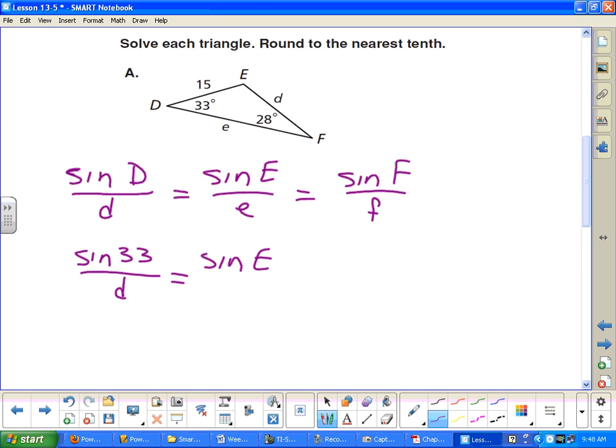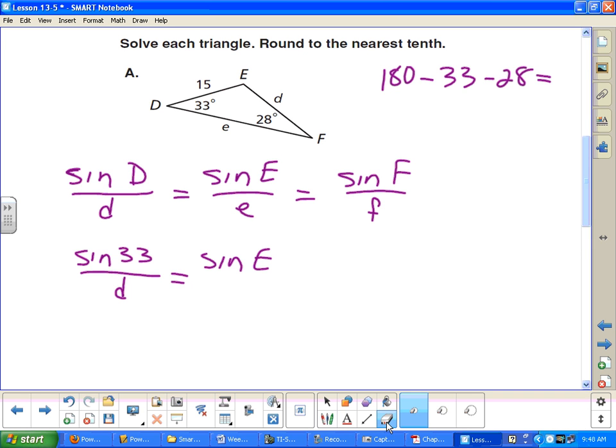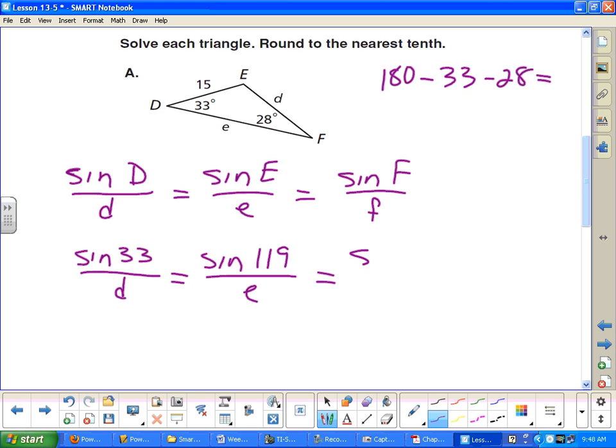All angles of a triangle add up to 180 degrees. So if I take 180 minus 33 and minus 28, we get angle E, which is 119. And side E, we don't know what that is. Angle F is 28, and side F is 15.